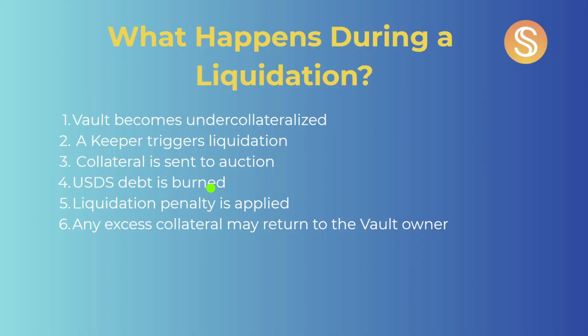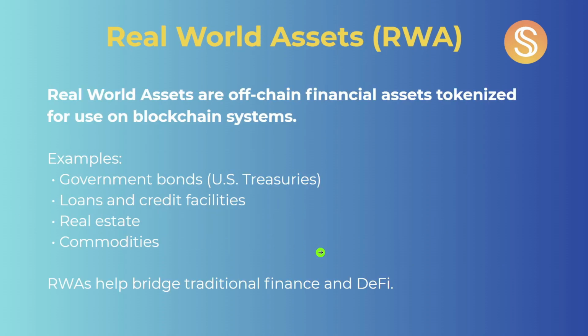In this case, when we repay or during a liquidation, USDS is burned. So these tokens are removed from circulation. Liquidation penalties are applied. Any excess collateral may return to the vault owner.